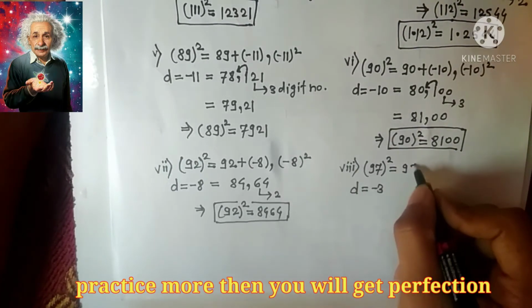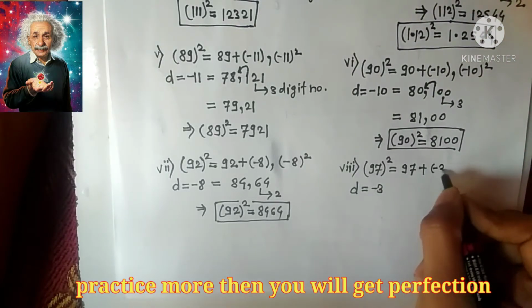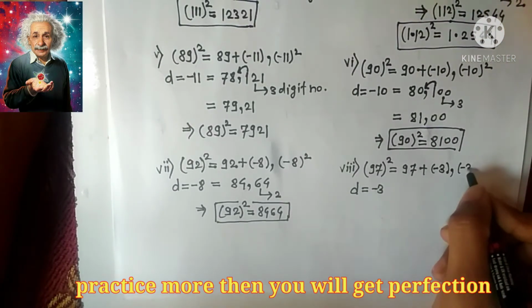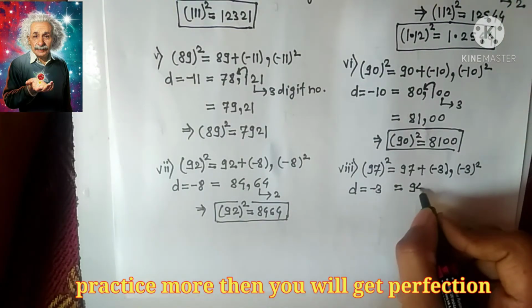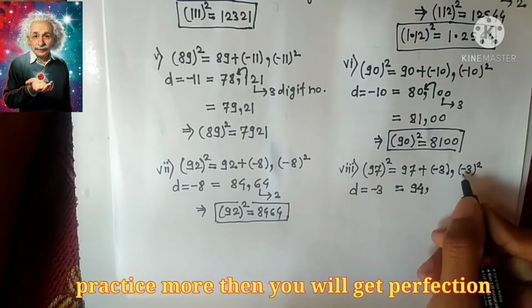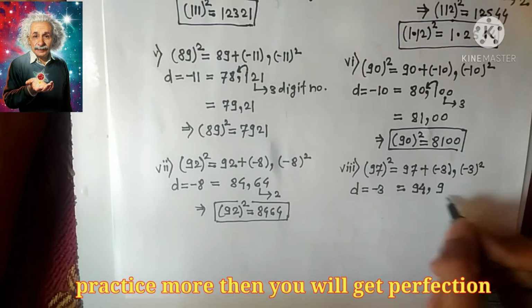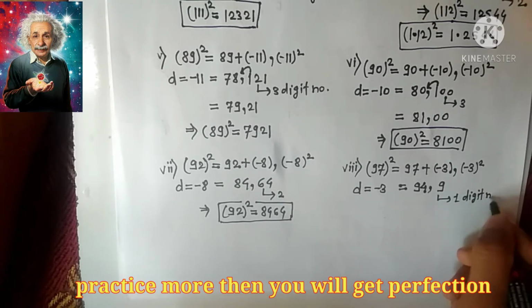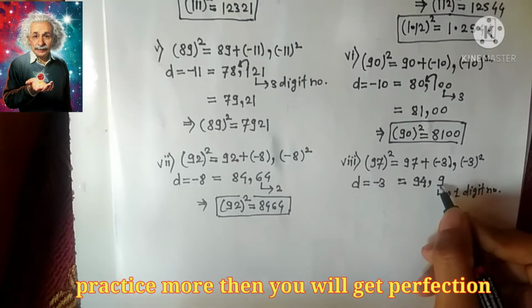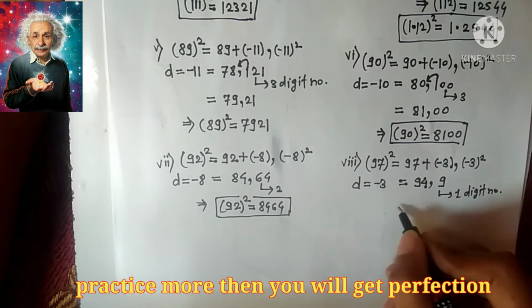So here we write 97 minus 3 comma minus 3 whole square. So we get 94 comma 3 square is 9. But this is a 1-digit number. To make it 2-digit, we write 9 as 09.